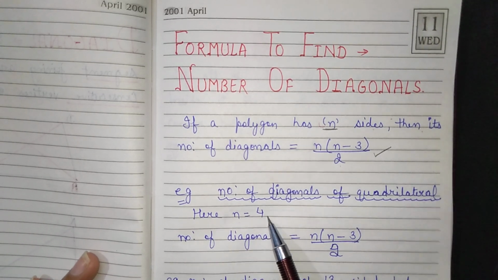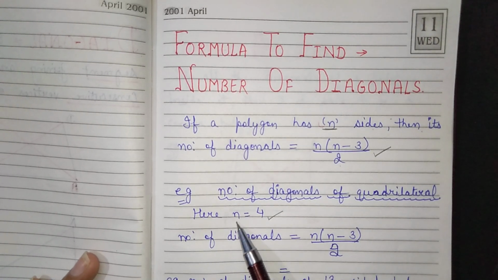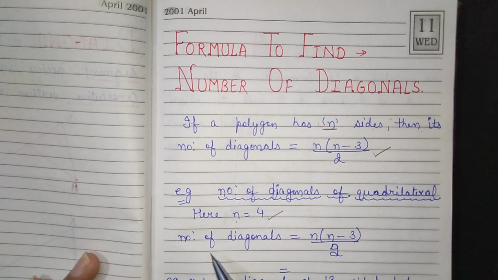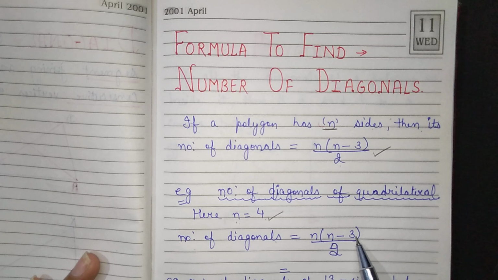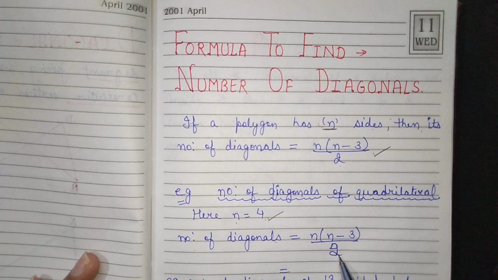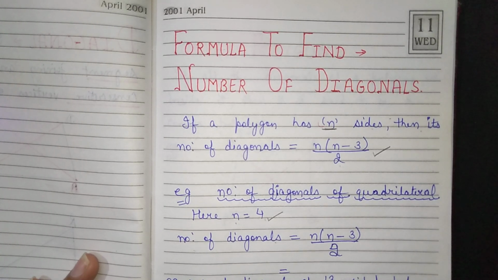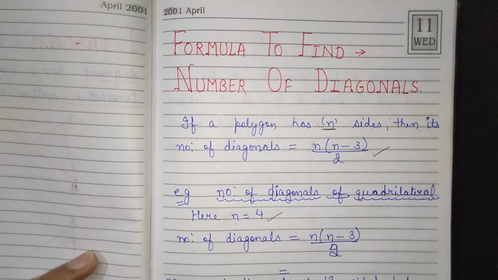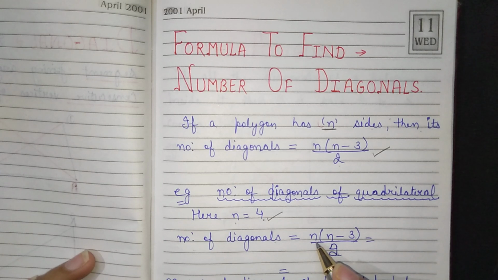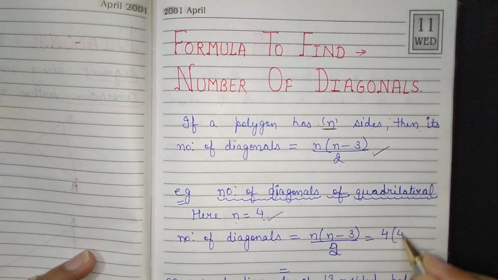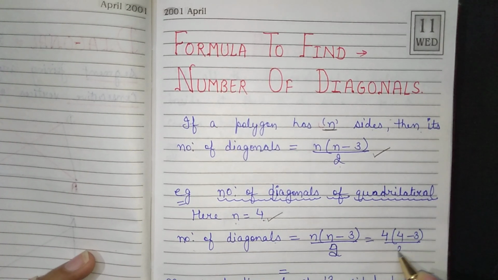That is why I have written n is equal to 4. Now in the formula n into n minus 3 over 2, in place of n, I will put the value 4, because the number of sides is 4. 4 into 4 minus 3 over 2.